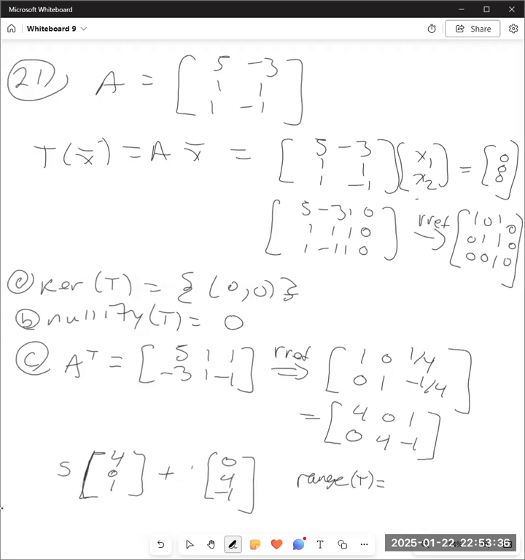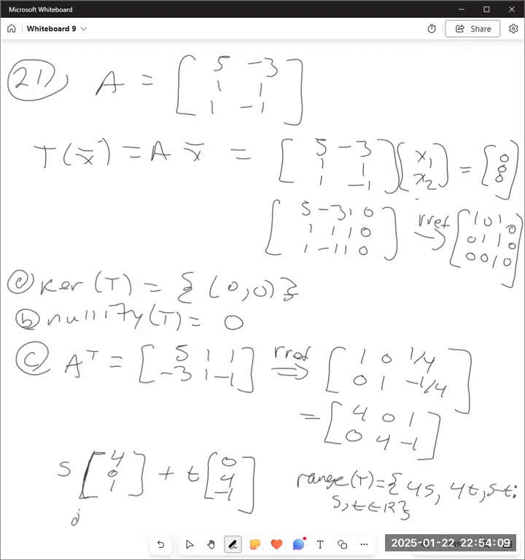It really doesn't matter, but just so your answer matches what's in the book, this is going to be 4s plus 0t is 4s, and then we have 4t, and then we have s minus t, such that s and t are elements of the real numbers.